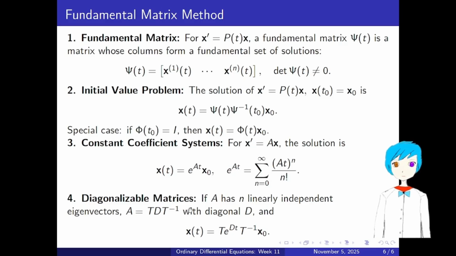If the coefficient matrix A has n linearly independent eigenvectors, then it can be diagonalized, A equals T D T inverse, with the diagonal matrix D. Therefore, the general solution can be written as x(t) equals T e^(Dt) T inverse x0, where the matrix e^(Dt) is also a diagonal matrix.